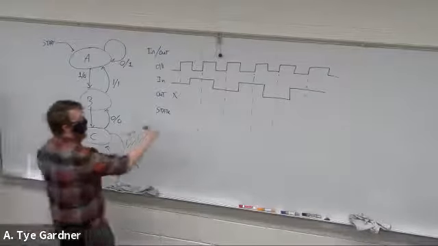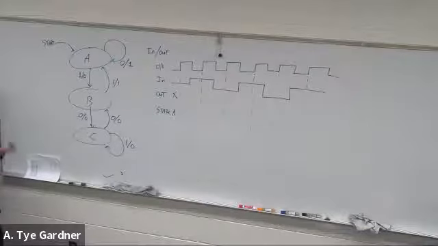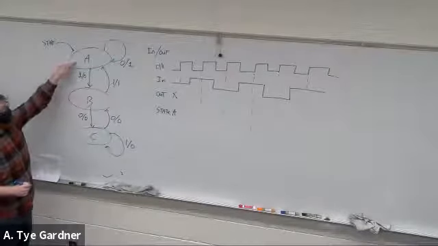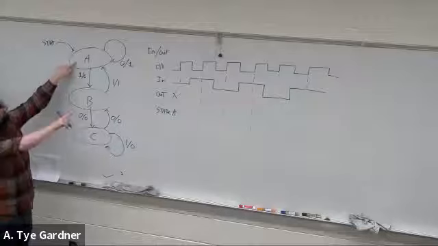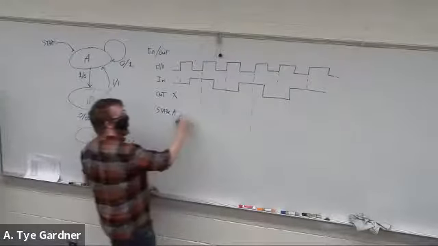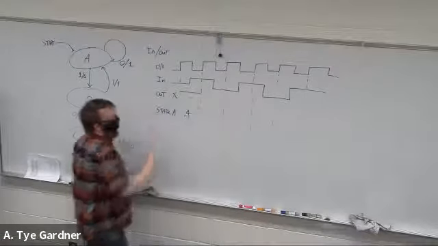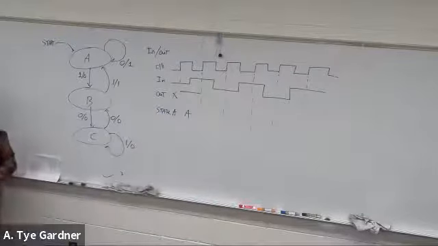In the first one, our state is A, right? If I see a 0, which I do, on the input of that first rising clock, I stay in state A, and my output is 1. And it stays 1 until the next rising edge of the clock.